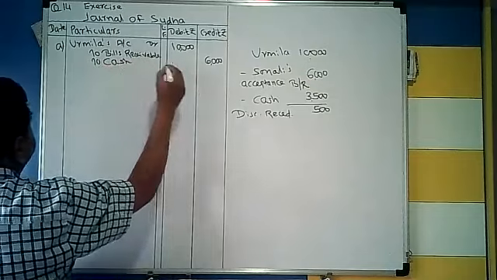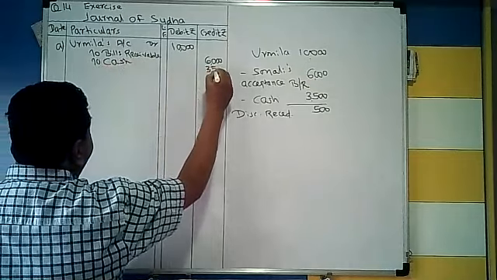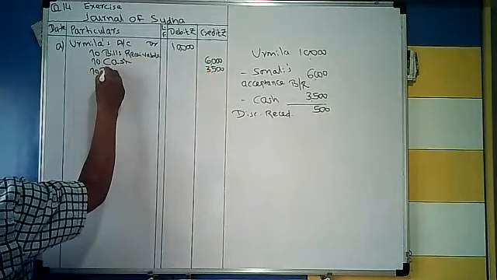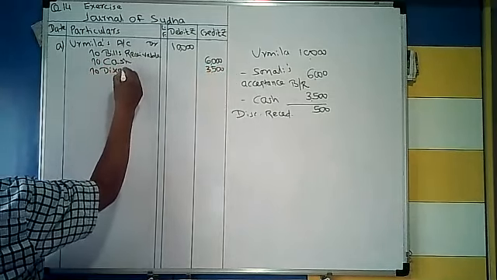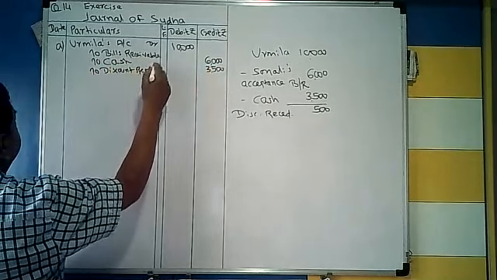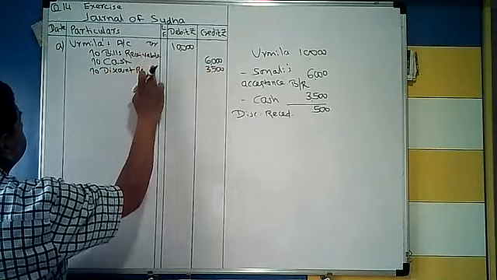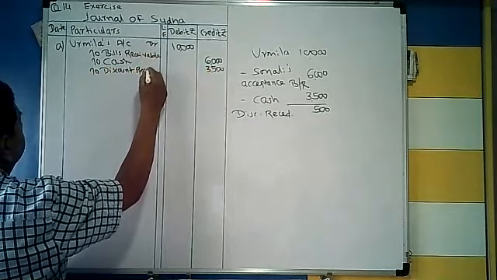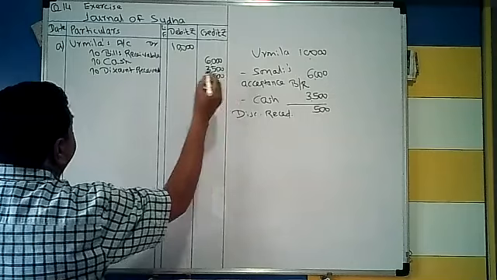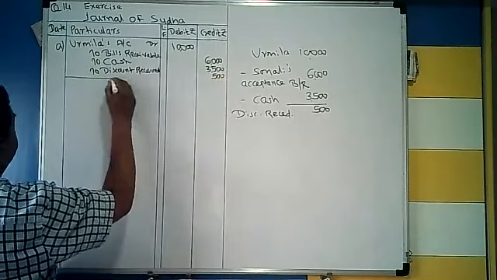It is paid in cash, 3,500 paid in cash. And to discount received, discount received, rupees 500. So this is the journal entry.